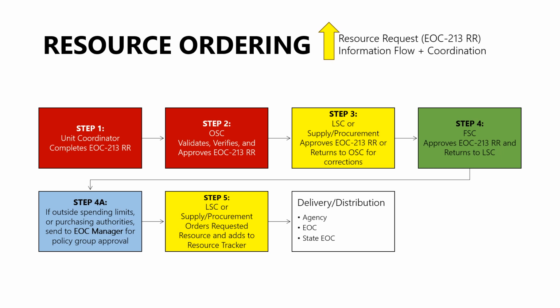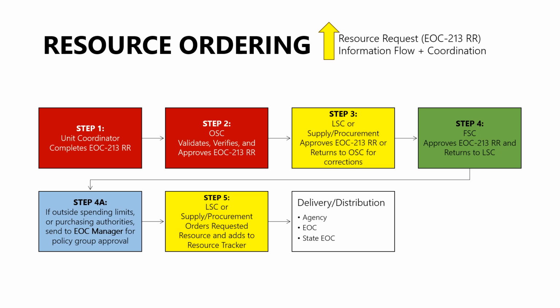We may have private sector sources, and we may engage the finance section if procurement and contracting is needed to obtain those sources. And then we also have the ability to request from state and federal governments via the state EOC, for which we would use WebEOC if we were requesting any state assets.